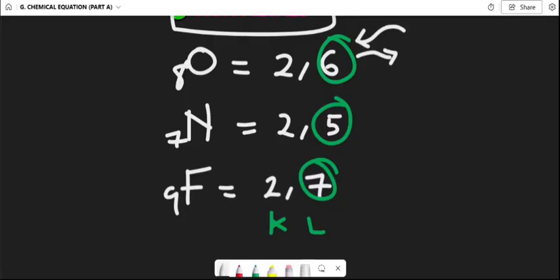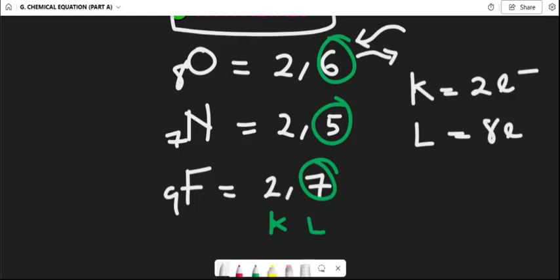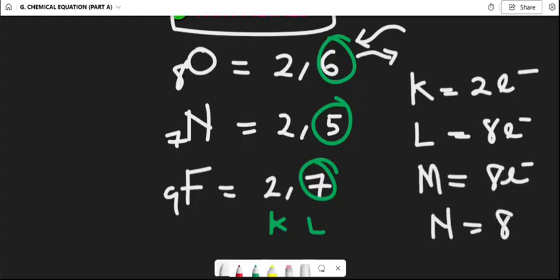So looking at oxygen, how many more electrons do you think oxygen needs to complete its shell? Recall, I said the K shell can only accommodate a maximum of 2 electrons. The L shell can only accommodate a maximum of 8 electrons. The M shell can accommodate 8 electrons, while the N shell can accommodate 8 electrons.